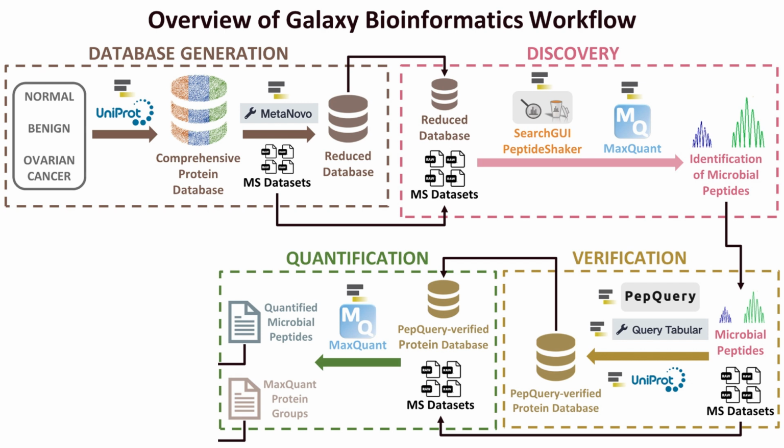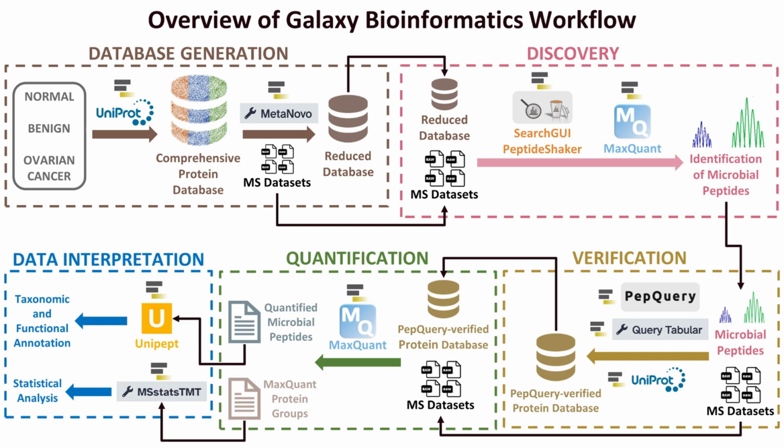We're not using SearchGUI and PeptideShaker as there is no capability to perform quantification of peptides and proteins. In this module, MaxQuant will give us various outputs, including quantified peptides and protein groups that are derived from human and microbial origins. We will prepare these outputs for the next and final module, data interpretation.